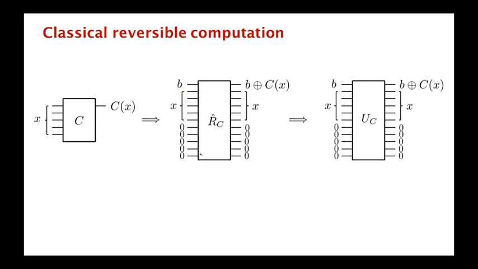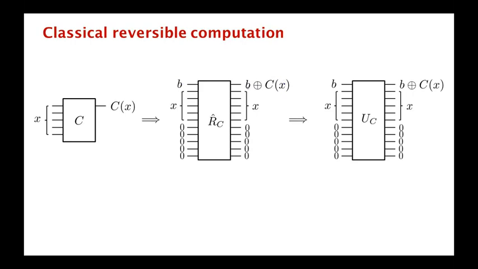This reversible circuit spits out x unchanged. It also leaves the work bits in a clean state, so they are also in the 0 state, and it XORs the answer c of x into this answer bit b. So the output bit becomes b XOR c of x. So it toggles the bit b. In the case that b is 0, then this answer bit is exactly c of x.